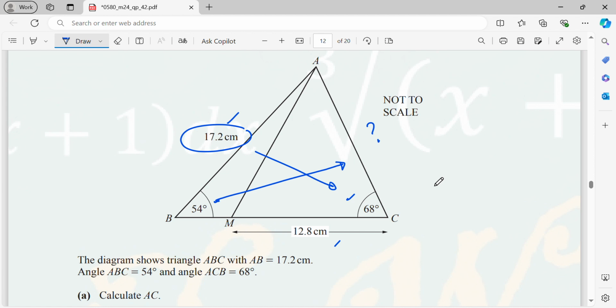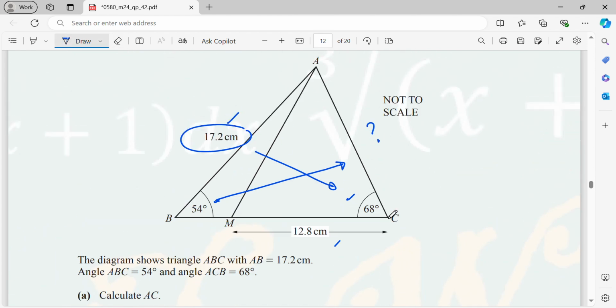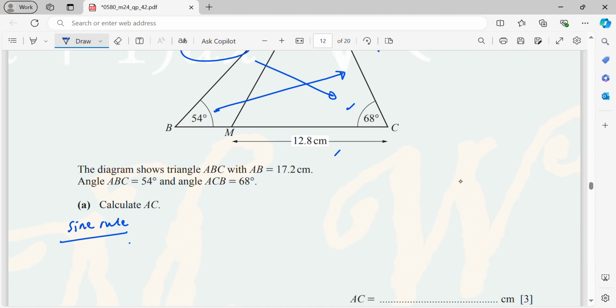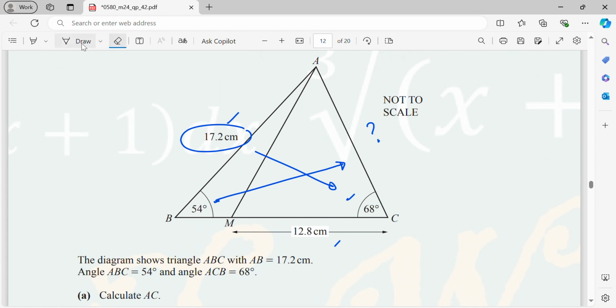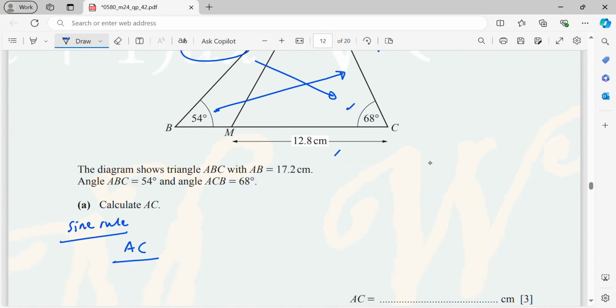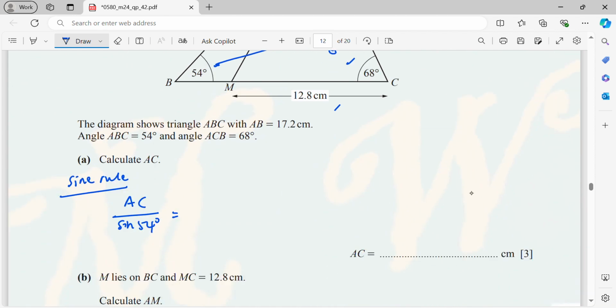We can use sine rule. So here I will write sine rule. For sine rule, since we need to find AC, I will write AC over sine of the opposite angle. The opposite angle is basically 54 degrees. So sine 54 degrees equals to the side 17.2, over sine 68 degrees.